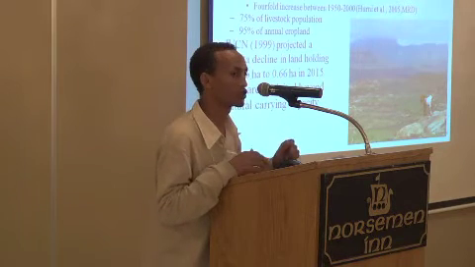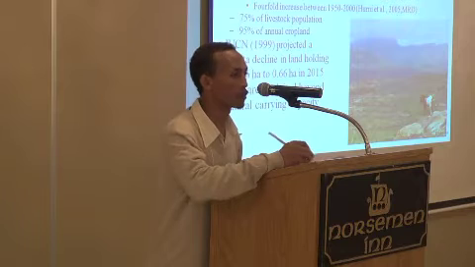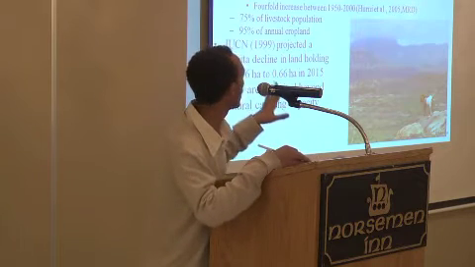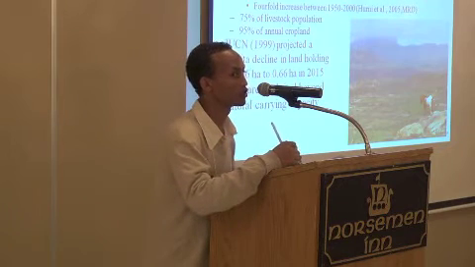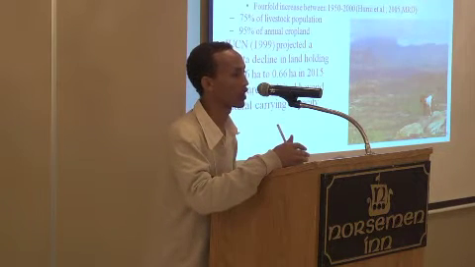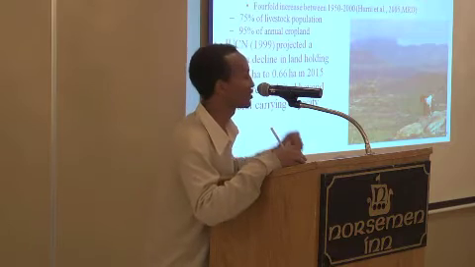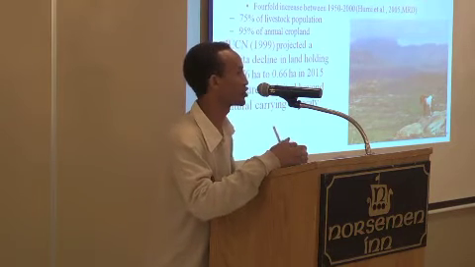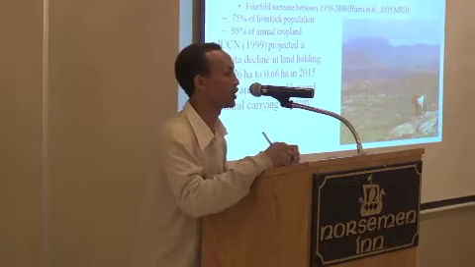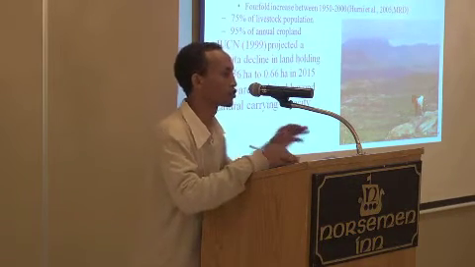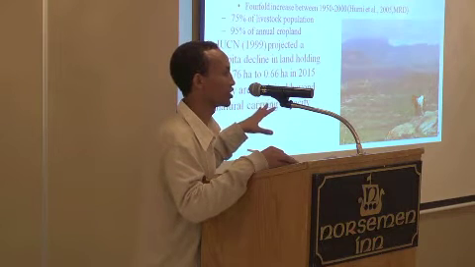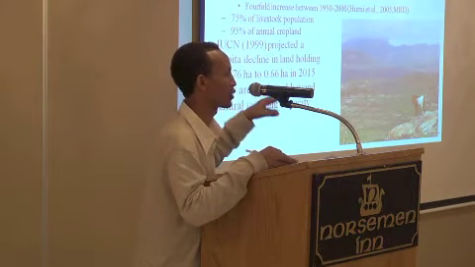They include areas above 1,500 meters, and they inhabit 90% of the total population in the country and 75% of the livestock population, and there are areas where 95% of the crop cultivation is going on. This clearly shows how much pressure is happening in the Ethiopian highlands.